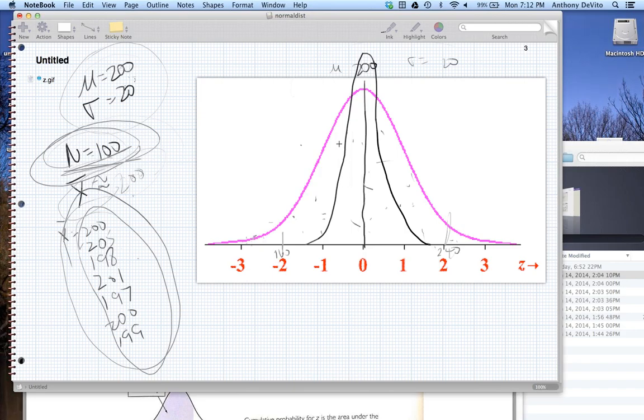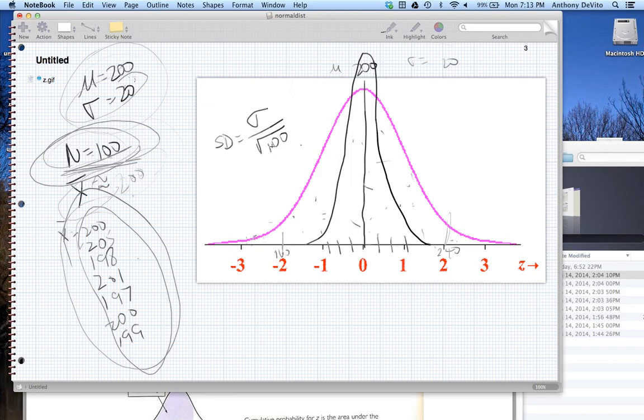There is, in fact, a mathematical relationship here. This new normal distribution that's based on repeated samples of size 100 from this population now has its own standard deviation. And that standard deviation is going to be equal to sigma, the standard deviation of the population, divided by the square root of the sample size.